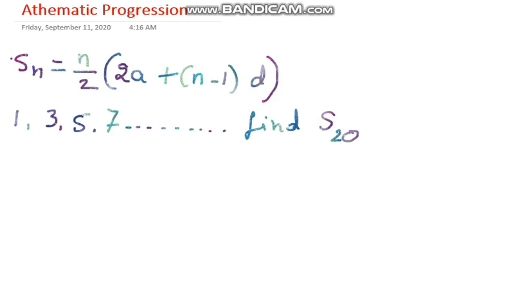First we have to write the a value. a is the first term and the value is 1, and d means common difference. d is equal to 3 minus 1 or 5 minus 3 or 7 minus 5, that is always constant, and the value here is 2. d value is 2, and n is equal to how many terms? 20 terms.